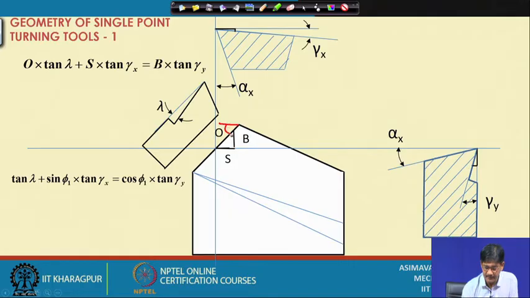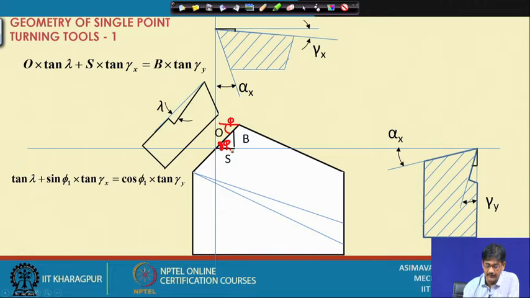This is equal to phi. Therefore, this must be equal to phi 1. So, this is equal to phi once again.